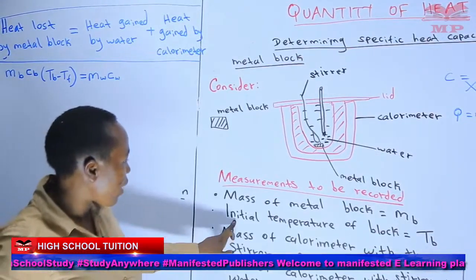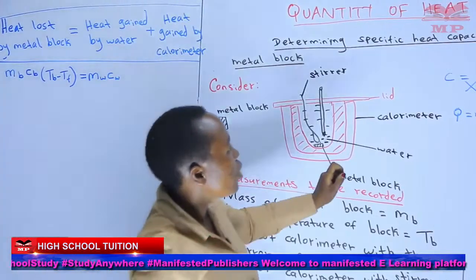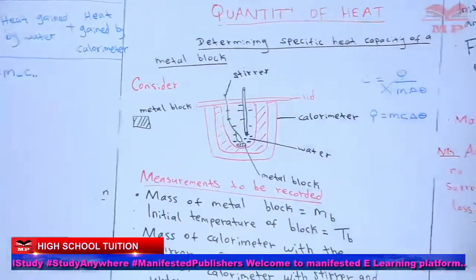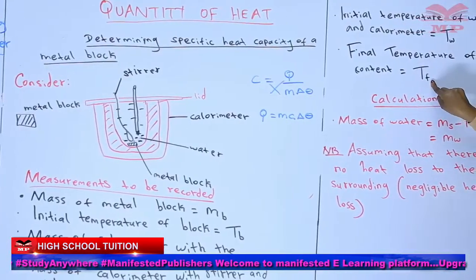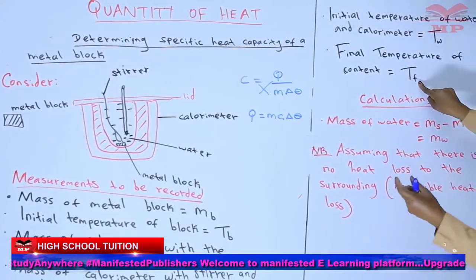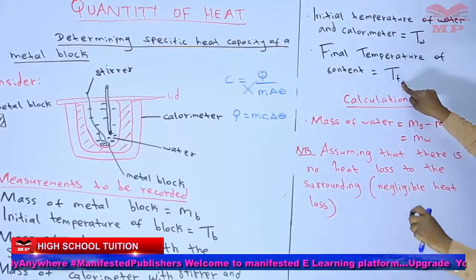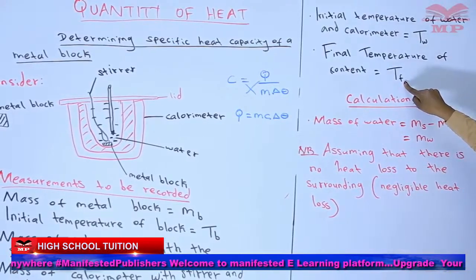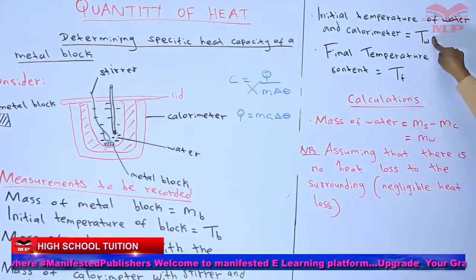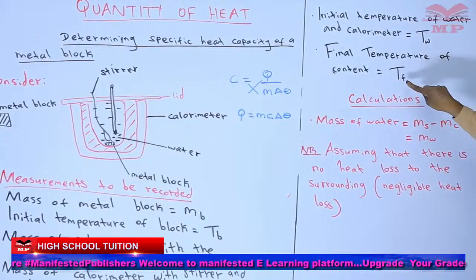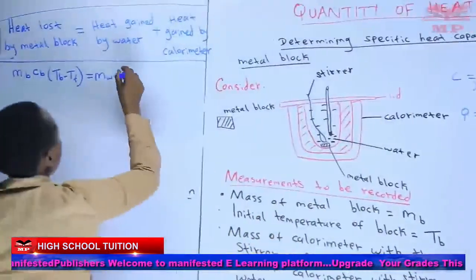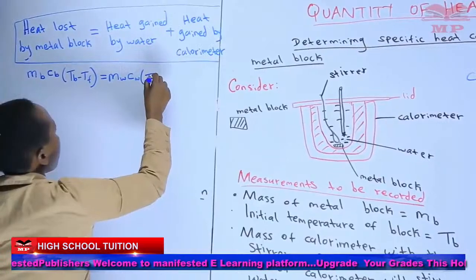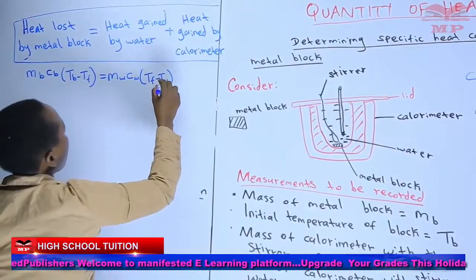The initial temperature of water is here, and the final temperature is here. Since we are transferring a hot block into the water, the final temperature is higher than the initial. So the change in temperature is TF minus TW.